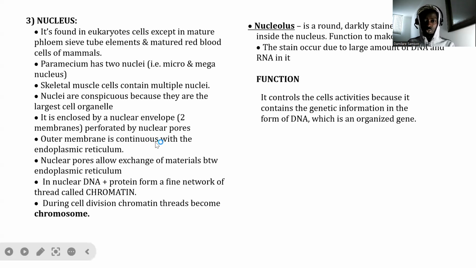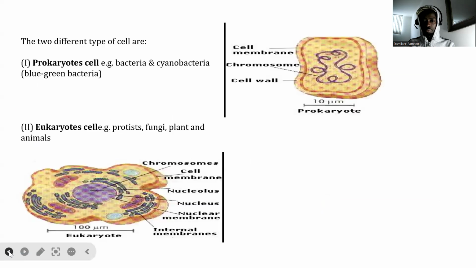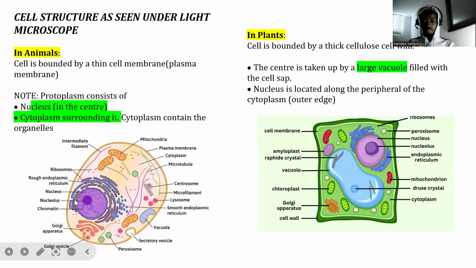Now, the outer membrane is continuous with the endoplasmic reticulum. Let me just go back, I want you to see what I'm trying to talk about. If you look at this diagram, this is the nucleus, and this is the nuclear membrane surrounding it. The nuclear membrane has a pore. This is an example of a pore, so you just see some pores here.